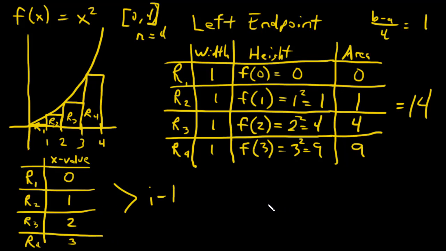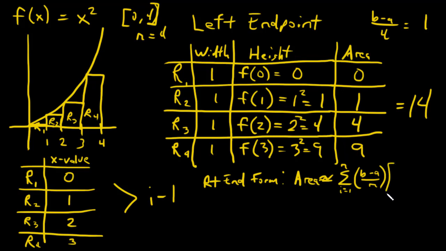So I'm going to have to make an adjustment. My right endpoint formula was the area is equal to, or approximates, the summation i equals 1 to n of b minus a over n times f of b minus a over n times i. But the left endpoint formula now is going to be slightly different.